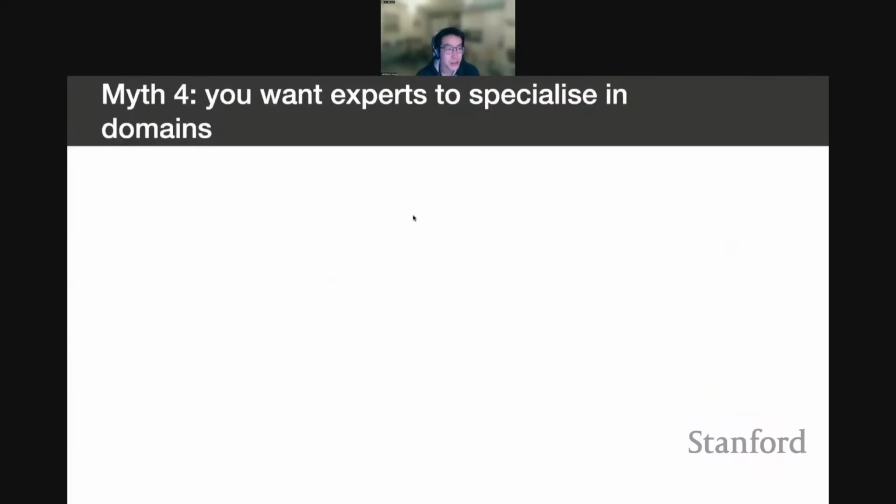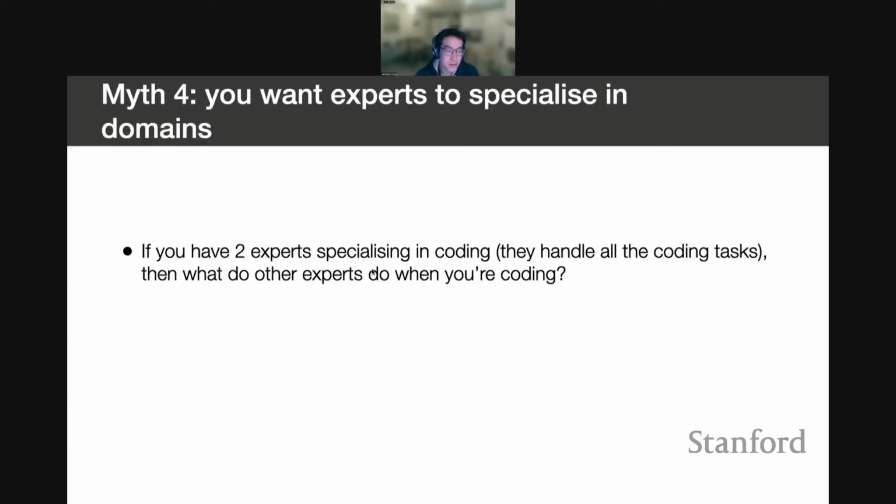That closely relates to myth 4, which is that you want experts to specialize in domains. Let's say you have 2 experts specializing in coding. That means if you have some code, they'll handle all the tokens. Then what do the other experts do when you're coding? When you want to generate a lot of code, you will only be able to route all your tokens to these 2 experts, and the other experts just stand there and do nothing.